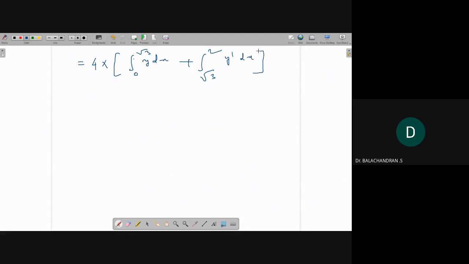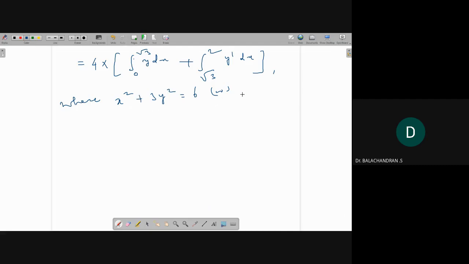So we should tell where x square plus 3y square equal to 6. This is the ellipse equation.